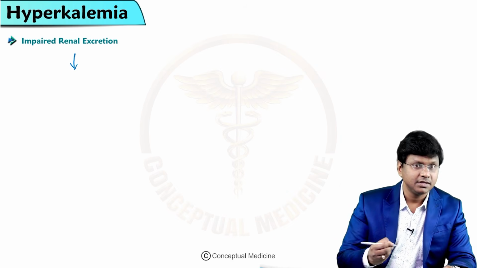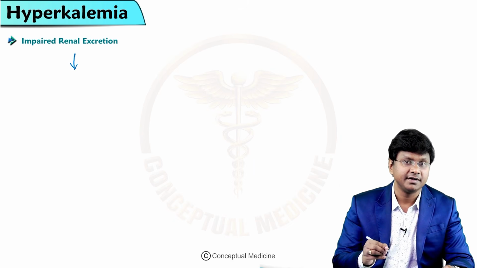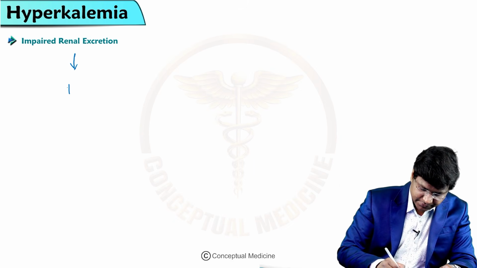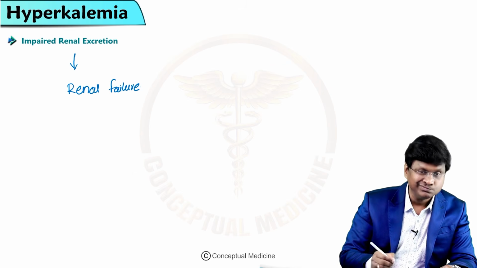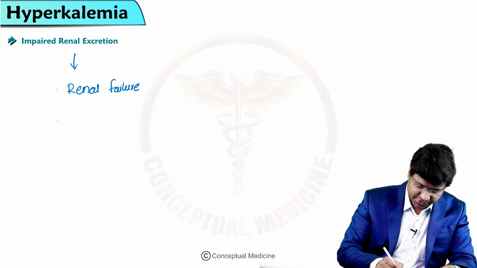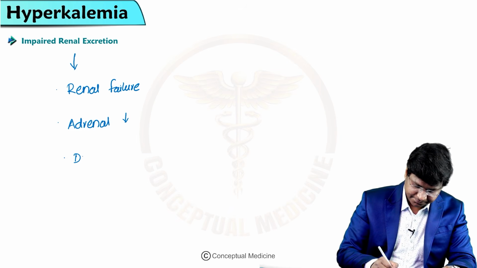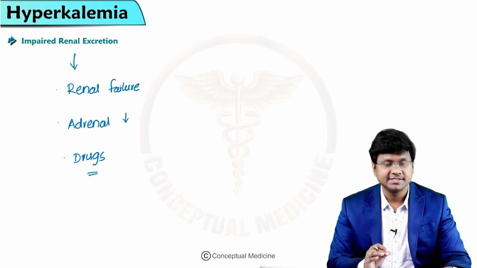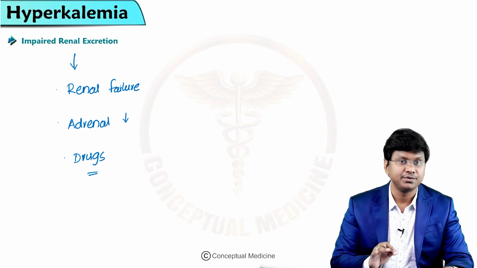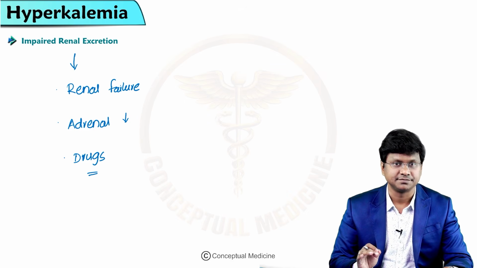So, the common causes of impaired renal potassium excretion include number 1, renal failure, number 2, adrenal insufficiency, number 3, drugs. So these are the clinical scenarios where you have impaired renal excretion.